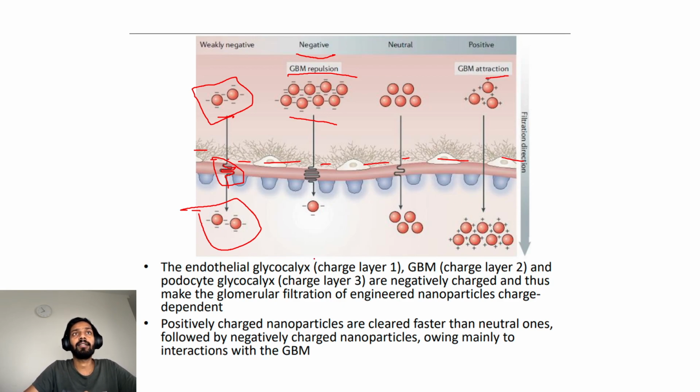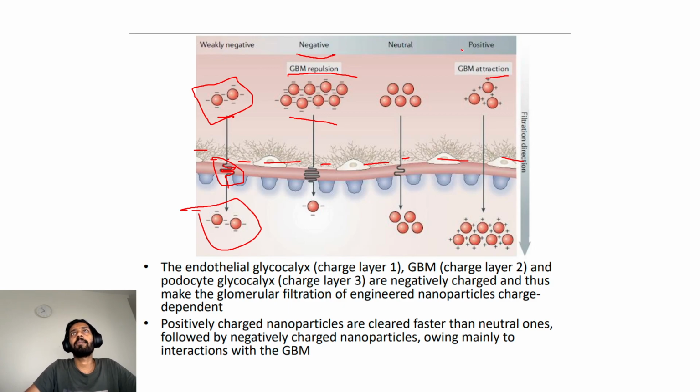If you look at the arrows, the positively charged particles are straight away getting eliminated. Neutral particles take some time but get eliminated. Negatively charged particles take a significantly larger amount of time. And weakly negative particles do take a lot more time than neutral particles, but not as much as negatively charged particles. So essentially, the question was which particles get eliminated the fastest.